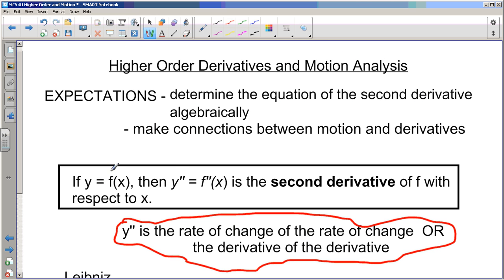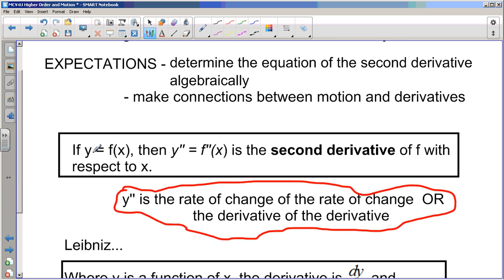So expectations are there. It says, if y equals f at x, then y double prime is equal to f double prime at x. We can read that as the second derivative of f with respect to x.